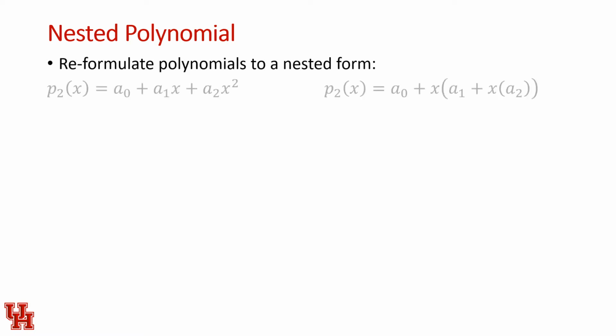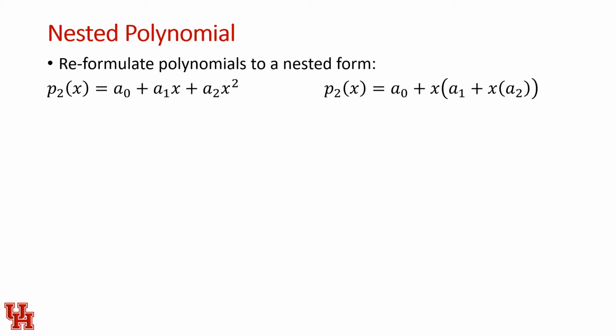Another option for calculating the polynomial is to represent it in nested form. For example, the second-order polynomial a0 plus a1x plus a2x squared can be rewritten by factoring out the x from the second and third terms. In this case, the polynomial would be evaluated from the innermost coefficient a2.